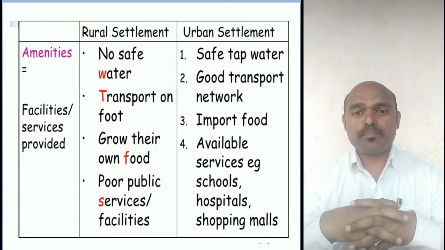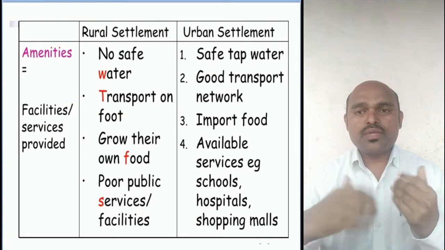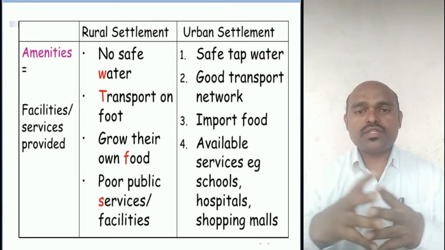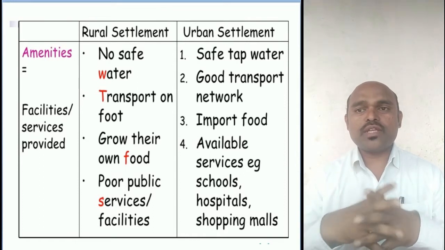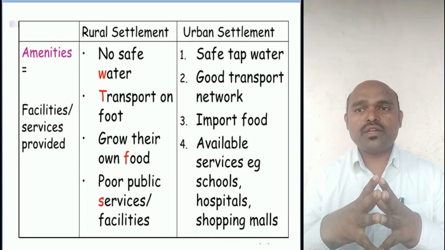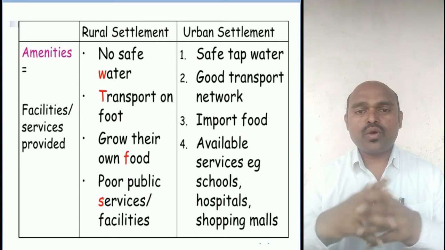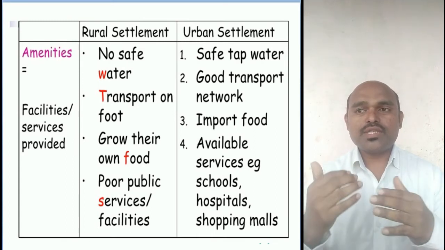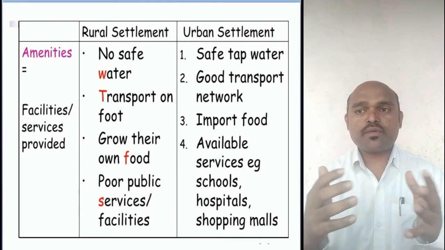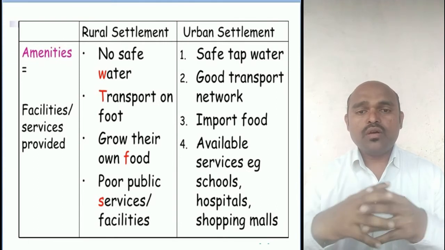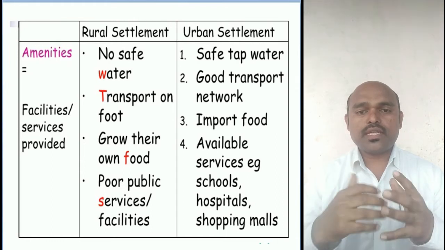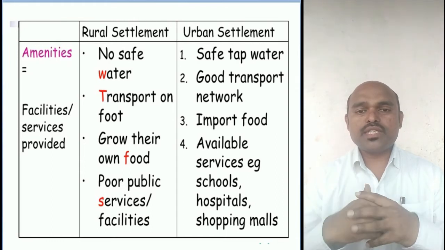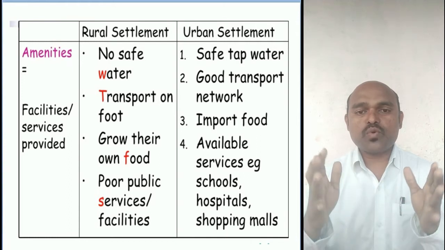They are not the same. Means the facilities or the services are totally different. For example, in rural settlements we find no safe water. On the other hand, in urban settlement we find safe tap water. What about the transport? Transport on foot we find in the rural settlement, and in the urban settlement we find a good transport network.